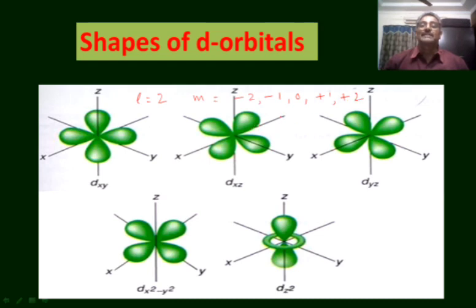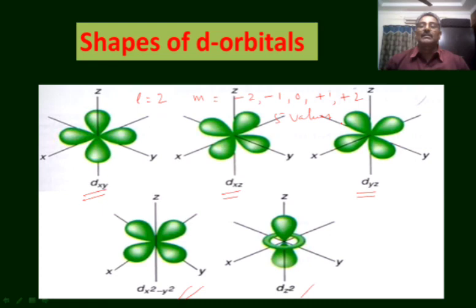That means m can have 5 values. That means there are 5 orientations for the d orbitals. And these 5 orientations are represented by dxy orbital, dyz orbital, dzx orbital, dx square minus y square orbital, and dz square orbital.